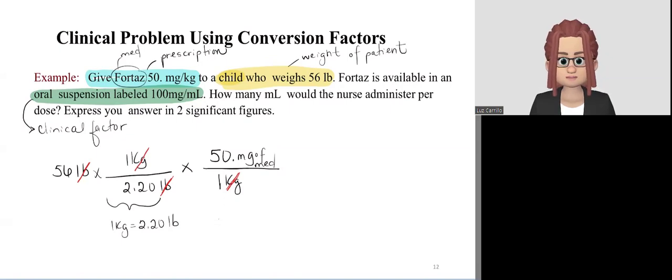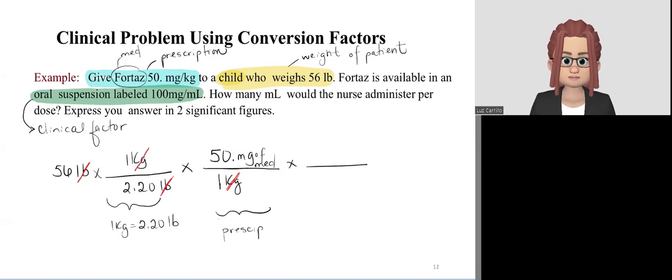Lastly, you're going to use your clinical factor as your last conversion. Let me just take a few more notes. So next, we're going to use as a fraction our prescription. Next, we're going to use our clinical factor.